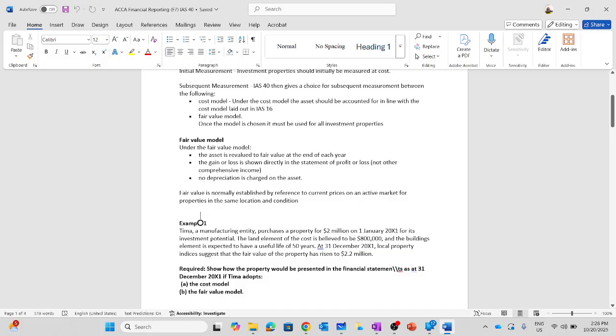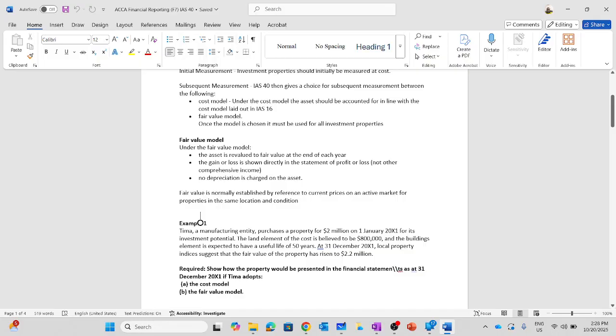When we looked at IAS 16, the revaluation gain is not taken directly to the statement of profit or loss. It is taken to other comprehensive income and the revaluation reserve. So why are we going to include the gain as per IAS 40, the fair value gain, into the statement of profit or loss?